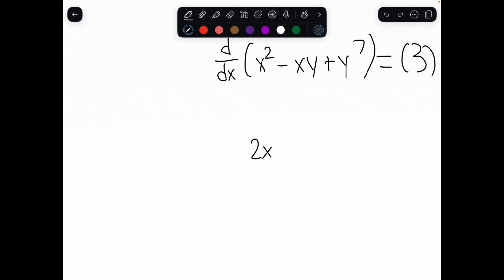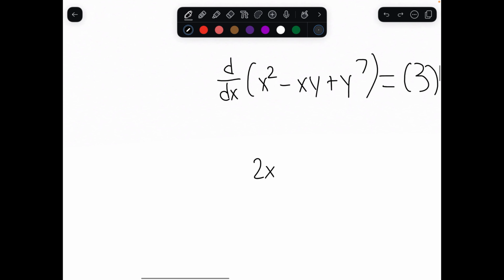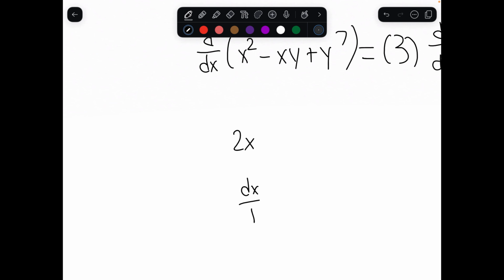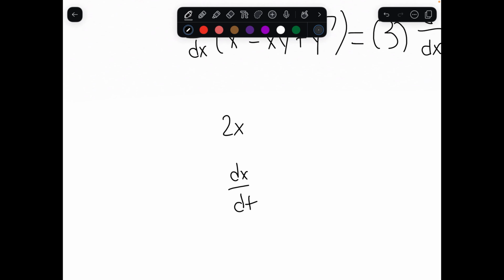Before I move on, in the other problems in my 2 previous videos on related rates, we were taking the derivative with respect to time. That's why we had the notation dx/dt, and it didn't cancel out.